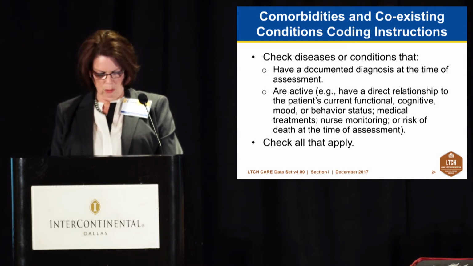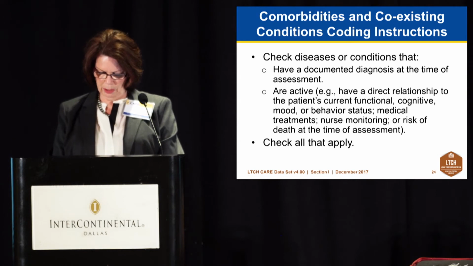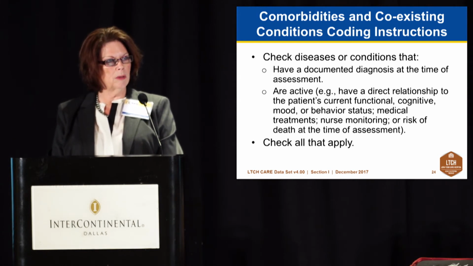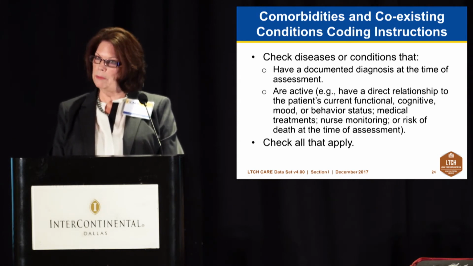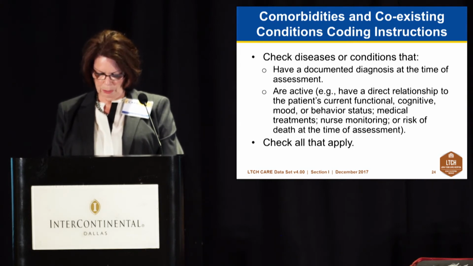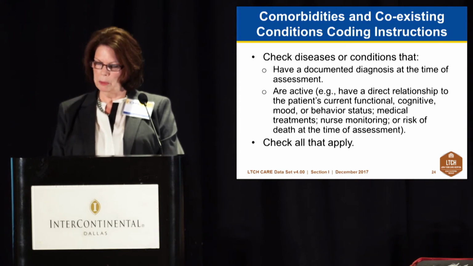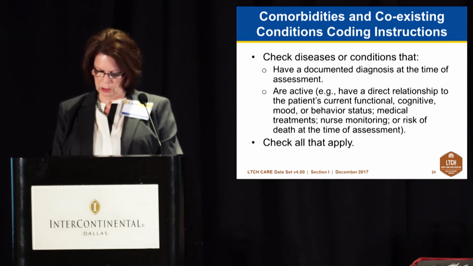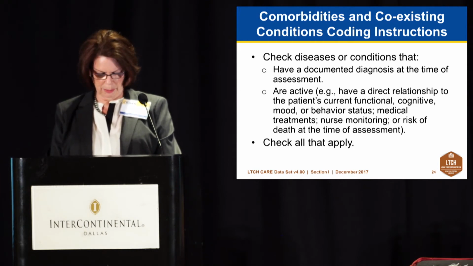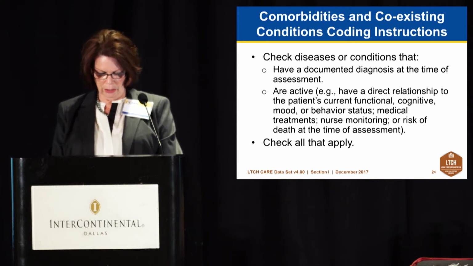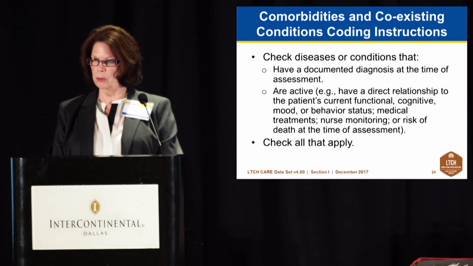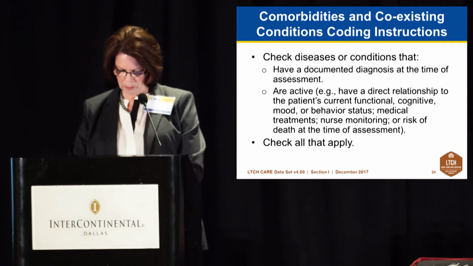The physician or designee, for example, documents at the time of assessment that the patient has inadequately controlled diabetes and requires adjustment to the medication regimen. This would be sufficient documentation of an active diagnosis and would require no additional confirmation because the physician documented the diagnosis and also confirmed that the medication regimen needed to be modified.